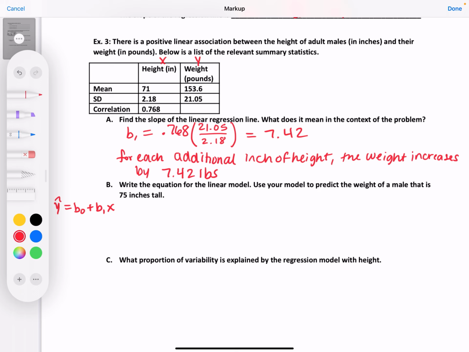Now, to find b0, because we don't know what the initial value is, we've got to use b0 equals y bar minus b1 x bar. Those are our averages with the b1 that we just found previously. So that's going to be 153.6 minus 7.42 times 71.